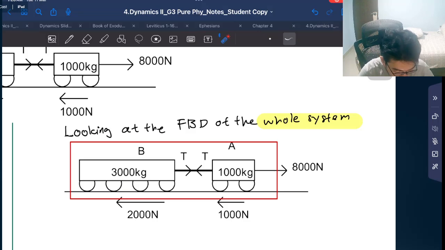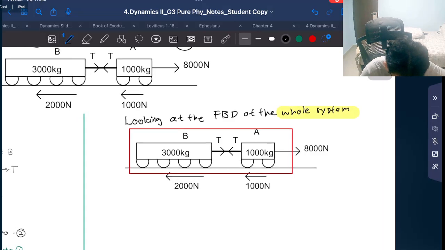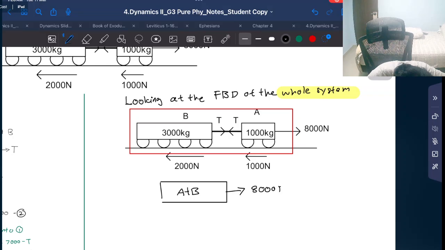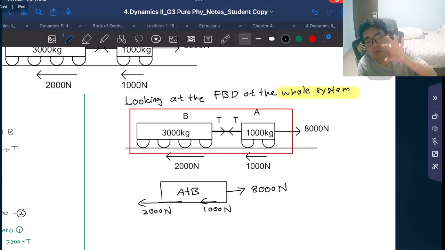So this means that I can actually draw this is A plus B, and then 8,000 newtons, this is the 2,000 newtons, this is the 1,000 newtons. And then the tension inside is balanced out.